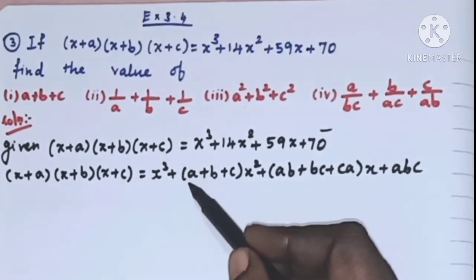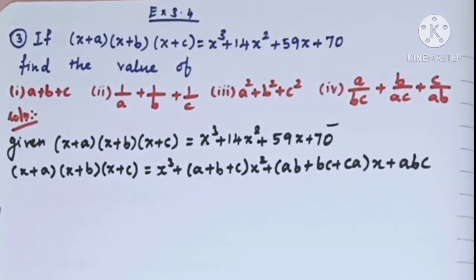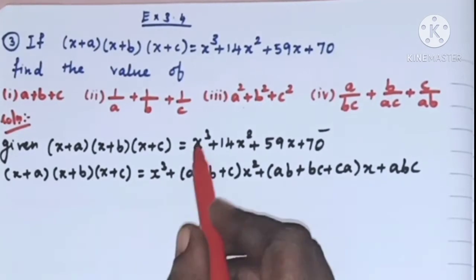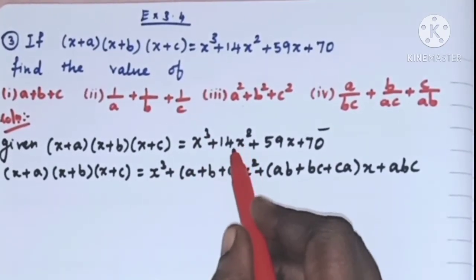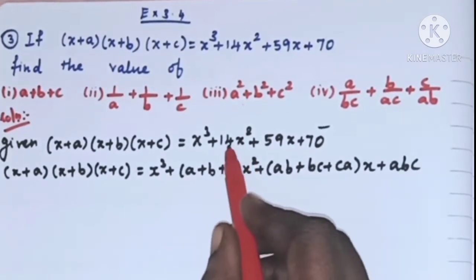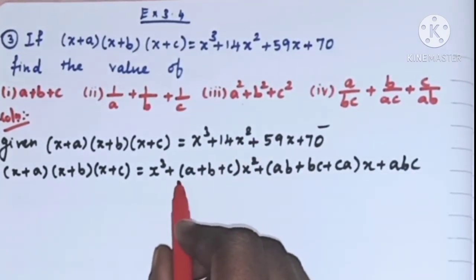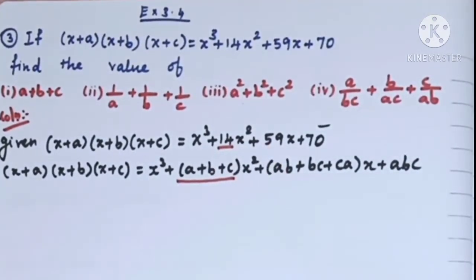Now comparing these two expressions, we have x cube and x cube, both are equal. So in the place of coefficient of x square, we have a plus b plus c here, but we have 14 in this expression.